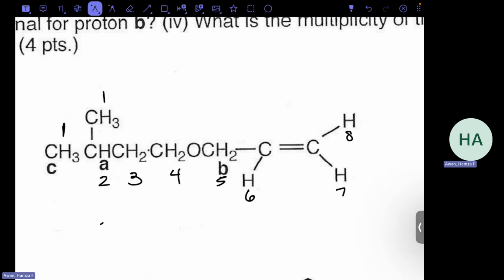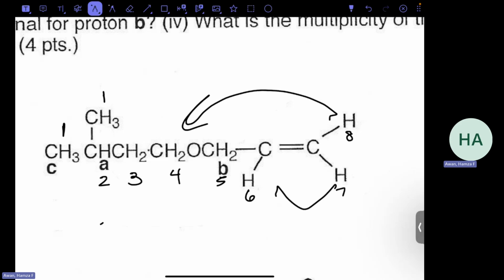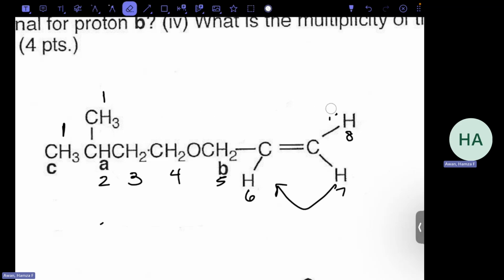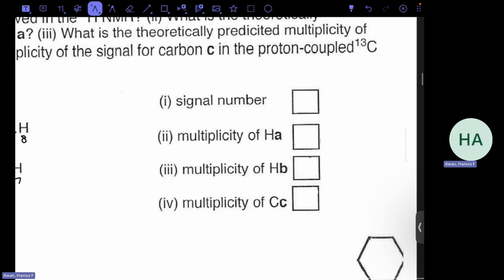That is because they can't rotate across. This hydrogen is always going to be across from that big group, and this hydrogen is always going to be across from this one hydrogen. Because they can't switch positions, they're always going to be in different environments. So that's why we have 8 different signals.